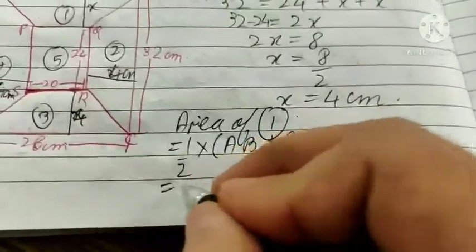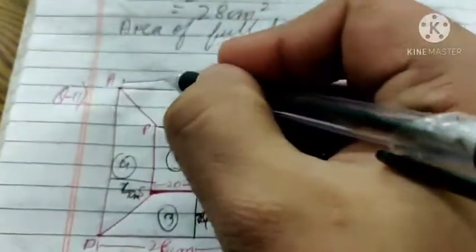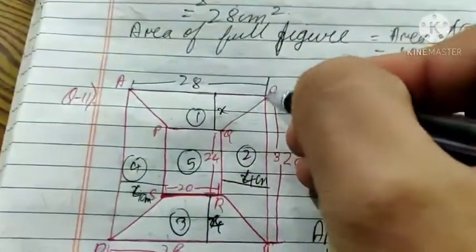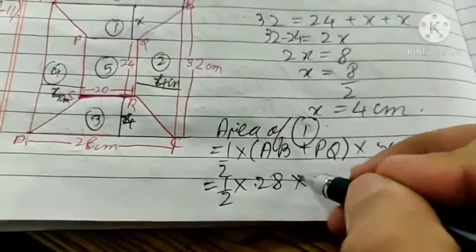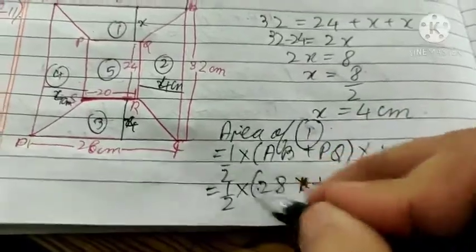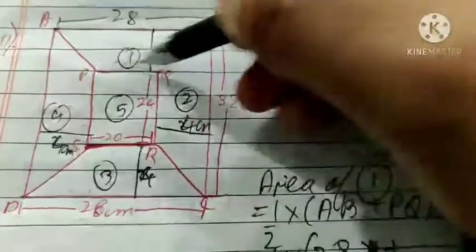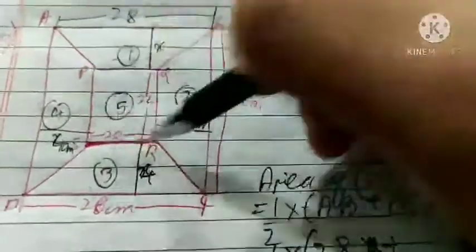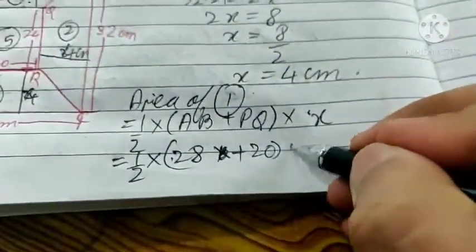This is the distance between parallel side, that is x. So half into AB. What is AB? AB is this 28. This is 28, so this will also be 28. So 28 plus, what is PQ? PQ is this RS. Look, okay, it is a rectangle inside, so this RS is equals to PQ. This is 20 and this will also be 20 into x.